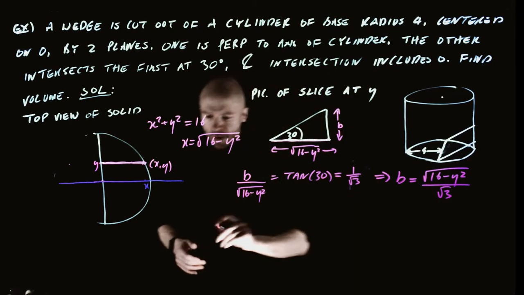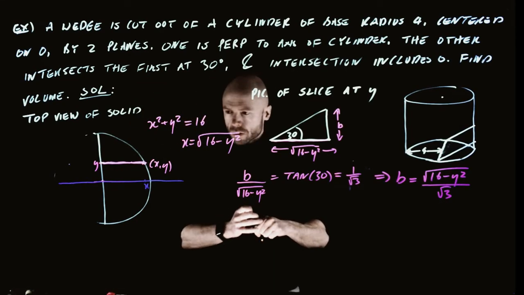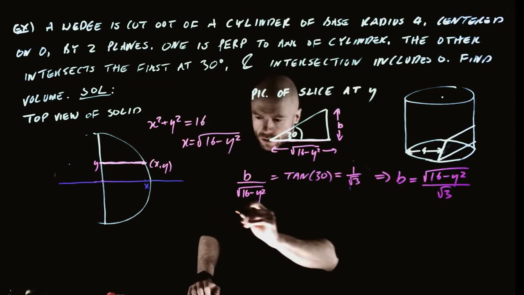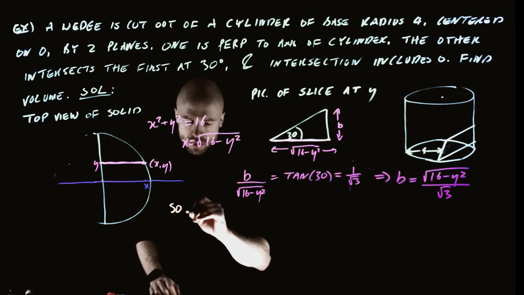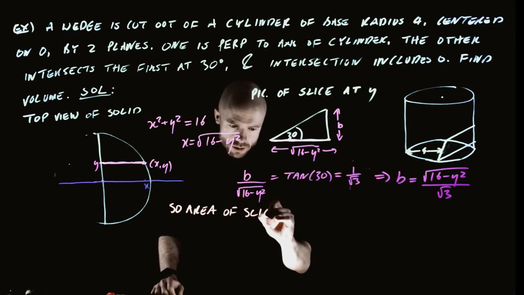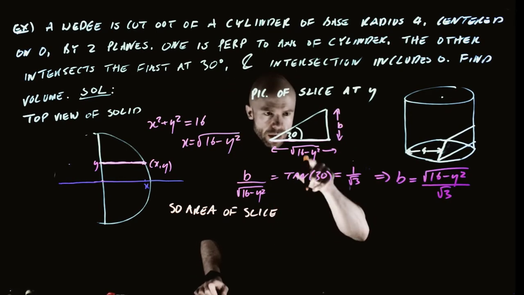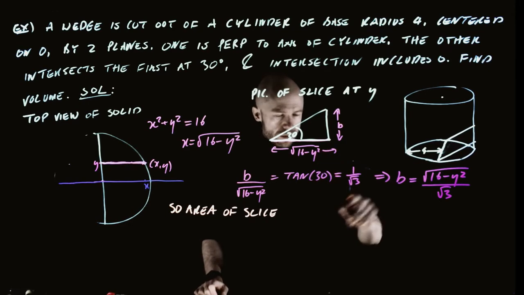And then the area of the slice is the base times the height divided by 2. So this is the base, and the height is this thing.